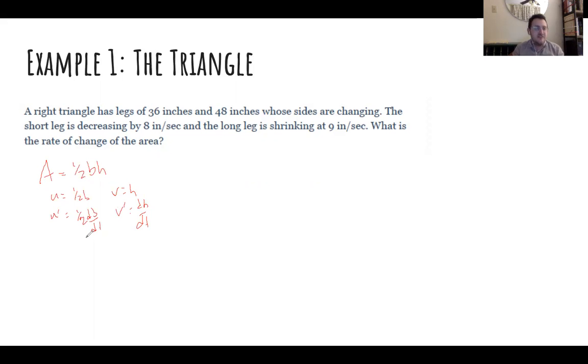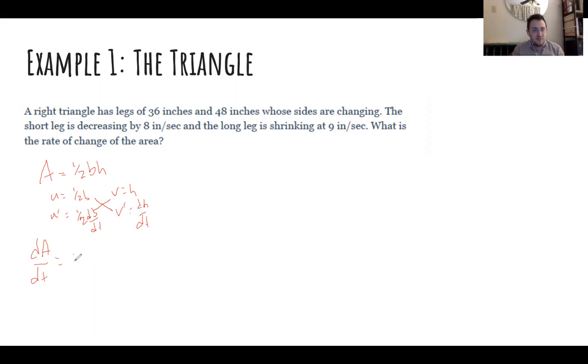Just to kind of motivate things. When you cross this and do the dA/dt, remember that when you're doing the product rule, you match your u and your v prime.